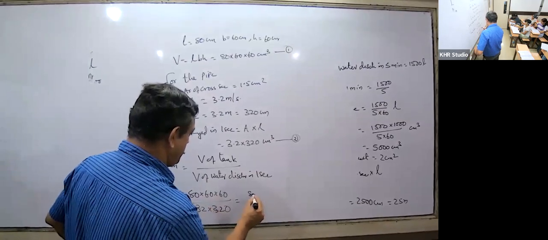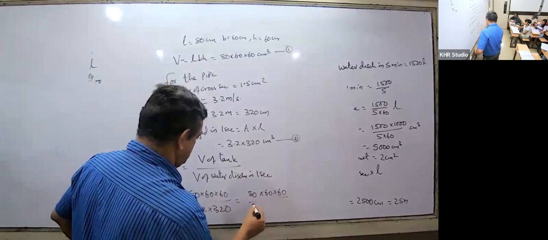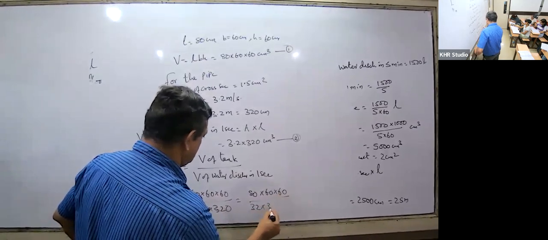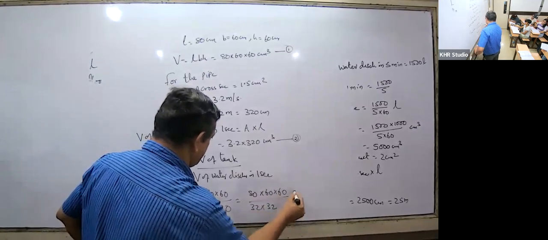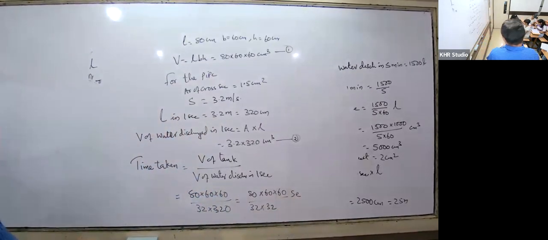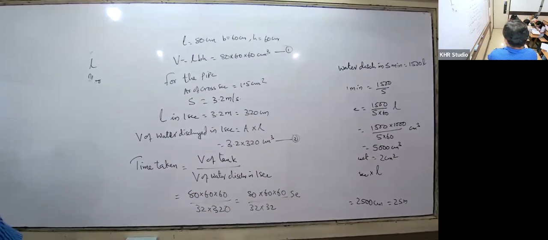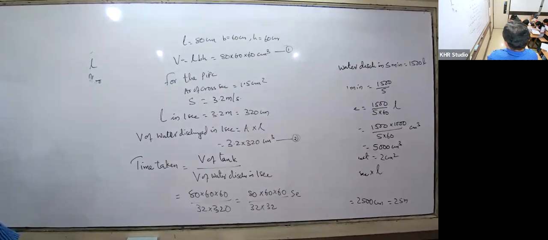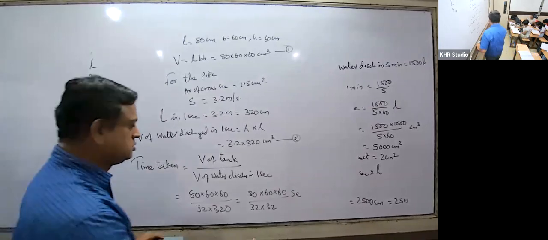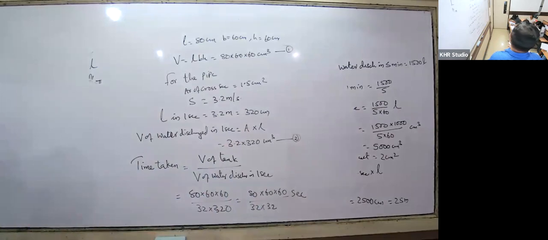Decimal corner, 80 into 60 divided by 32 into 32. This makes seconds. Got it? Cancel.